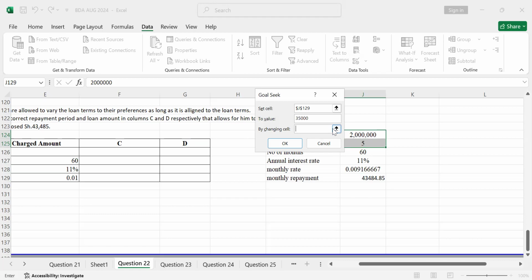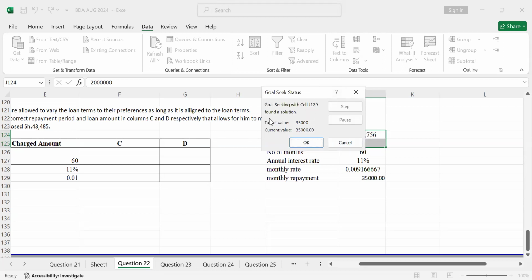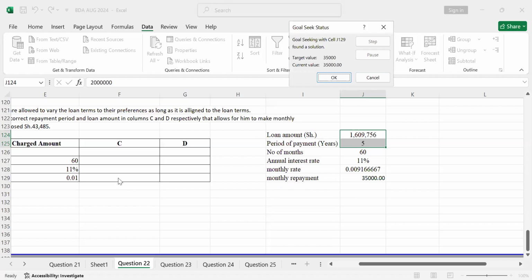And then we have this one, the changing cell, that one. So you say okay. I think this one I need to move a little bit up here. Yeah, that way. So that now I can copy my amounts here.